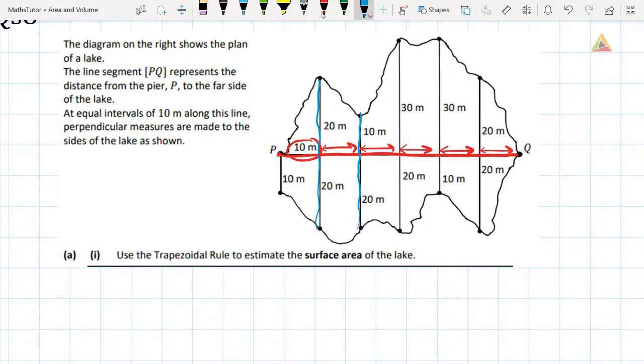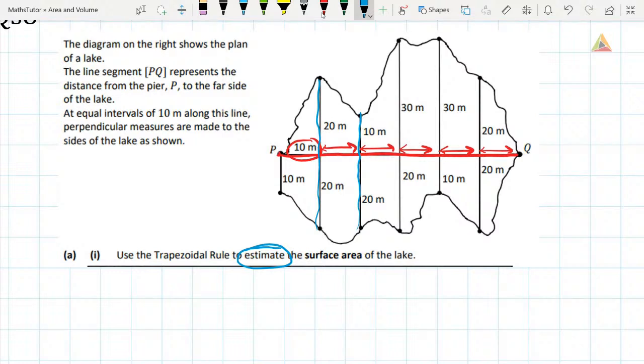Notice that this uses the word estimate, so it's going to be an approximate answer, not completely accurate. And because it's area, we keep an eye on our units: we're going to get meters squared, because all of our measurements here are in meters.